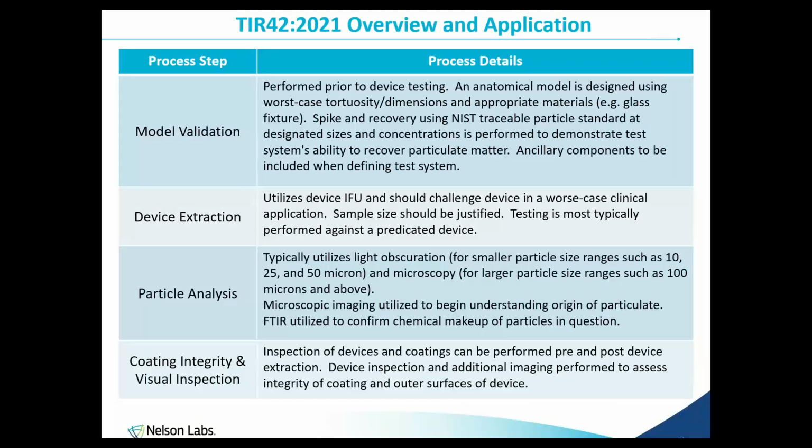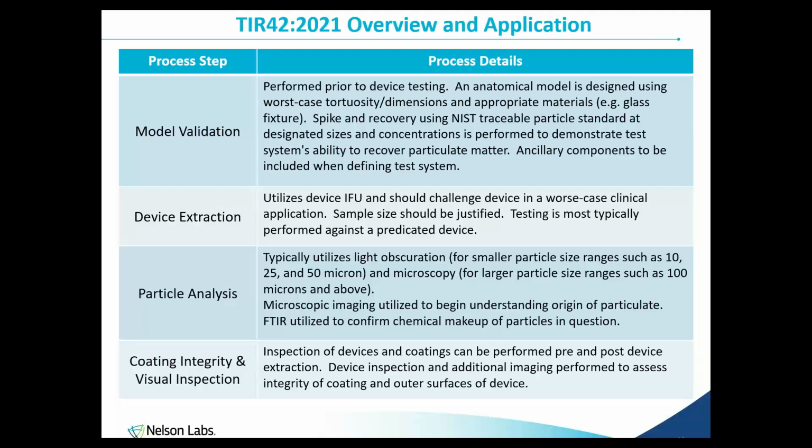So this is a TIR 42 2021 version overview and how it applies. Another thing to note is that the prior version of TIR 42 was in 2010, and the 2021 version was a complete overhaul. There's a lot more information.